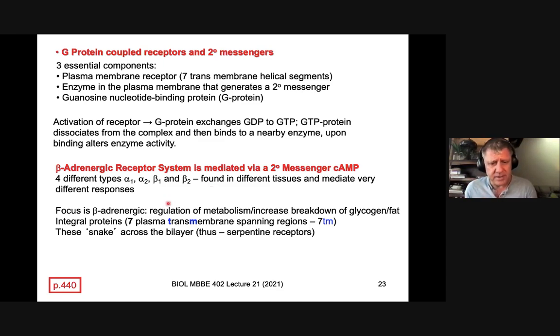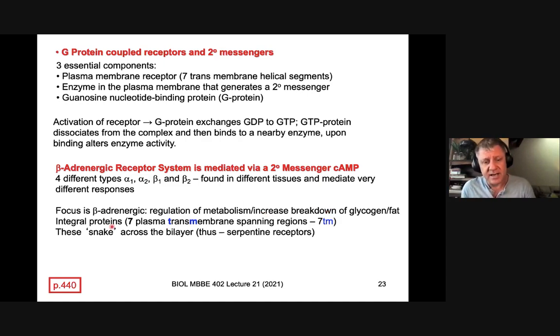So let's focus on the beta adrenergic receptor, which basically is this system, as we'll learn a little later on, in metabolism, which increases both the breakdown of glycogen and fats to provide us the energy constituents to consume to produce ATP and to meet other energy requirements.